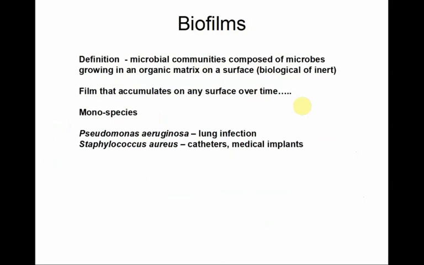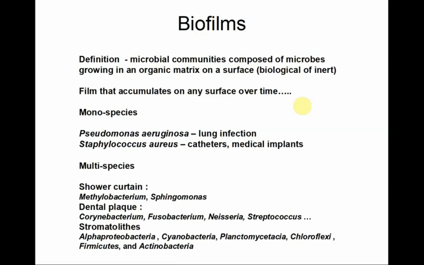These bacteria are much more difficult to treat with antibiotics because they are not growing in a liquid medium where a small molecule antibiotic can freely diffuse. They're down in the biofilm where they're protected by this matrix of biological molecules.